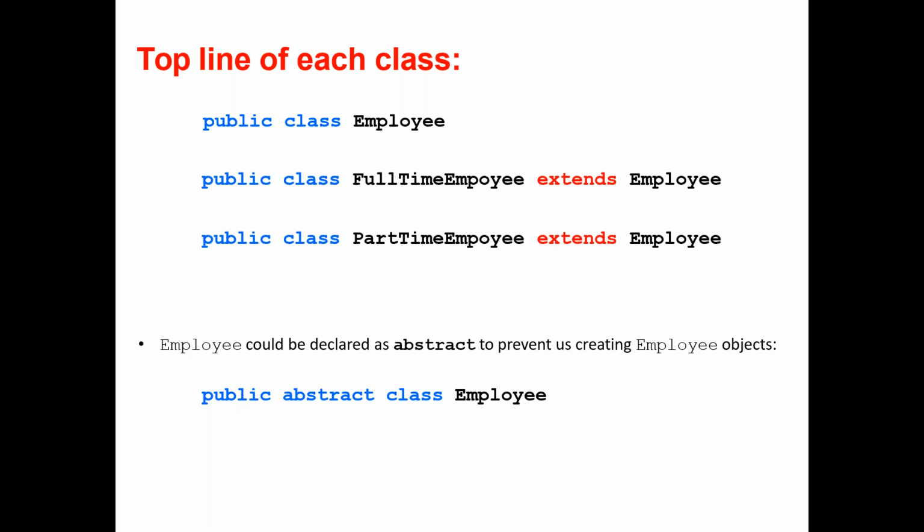And we know that the name of our class is Employee, and the other two are public class FullTimeEmployee extends Employee, and likewise PartTimeEmployee. And this Employee could be declared as abstract to prevent us from creating an Employee object.